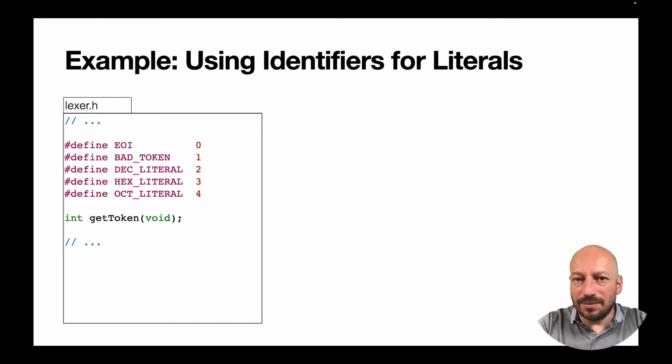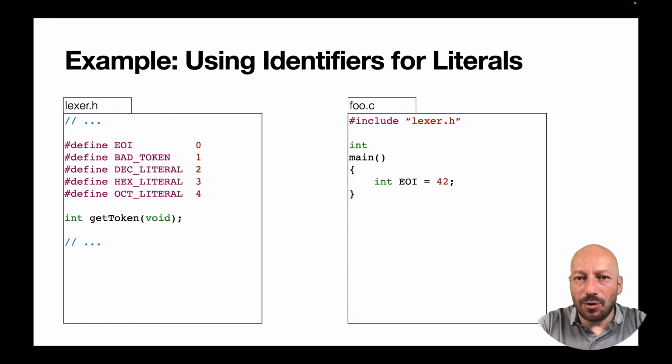The problem is, actually there are many problems. One problem is that you would, for example, get strange error messages in general, because the compiler in this example would see that this 0 is used as a name, an identifier for a variable, and this variable should be initialized with 42.